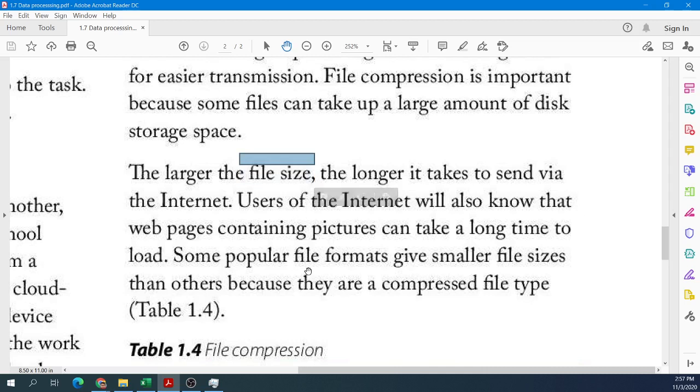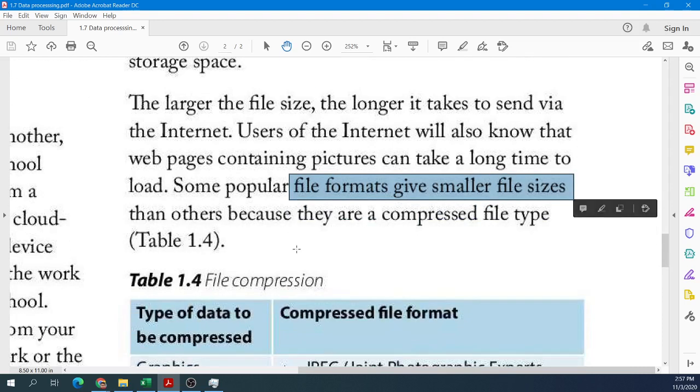So that is why they would use file formats that would give them smaller file sizes so that pages on the website will be able to load faster. So the smaller the file size that you can use, the better, the faster information and data will be able to load.